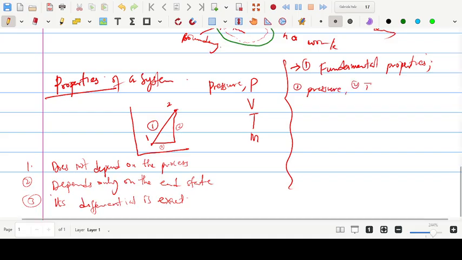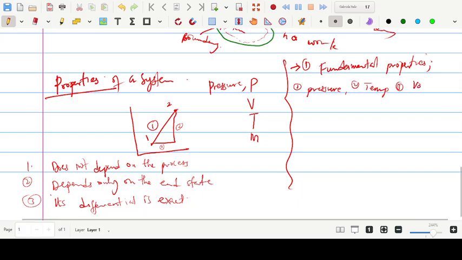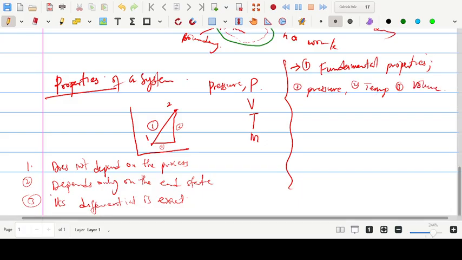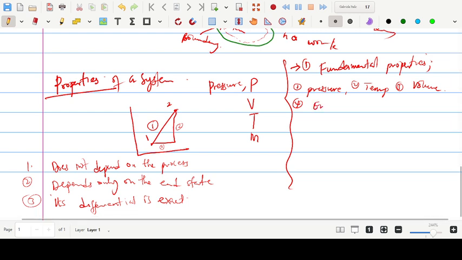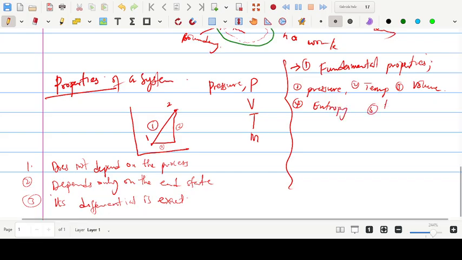Number 2, we have temperature. Number 3, we have volume. Number 4, we have entropy. Then the fifth one, we have internal energy.